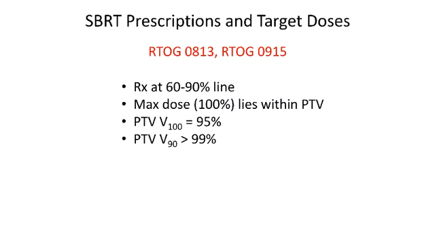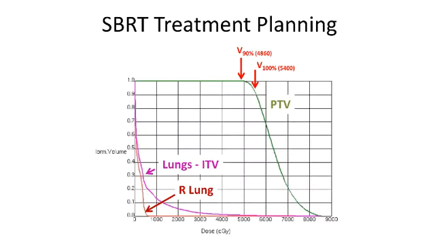And your DVH parameters should conform to the following specifications listed here for the PTV. Let me show you what these two look like on the graphs. So here it is. You'll see that you have the volume receiving 100% of the prescription dose, and the volume receiving 90% of the prescription dose. And basically it's telling you you shouldn't have a cold spot in the PTV.